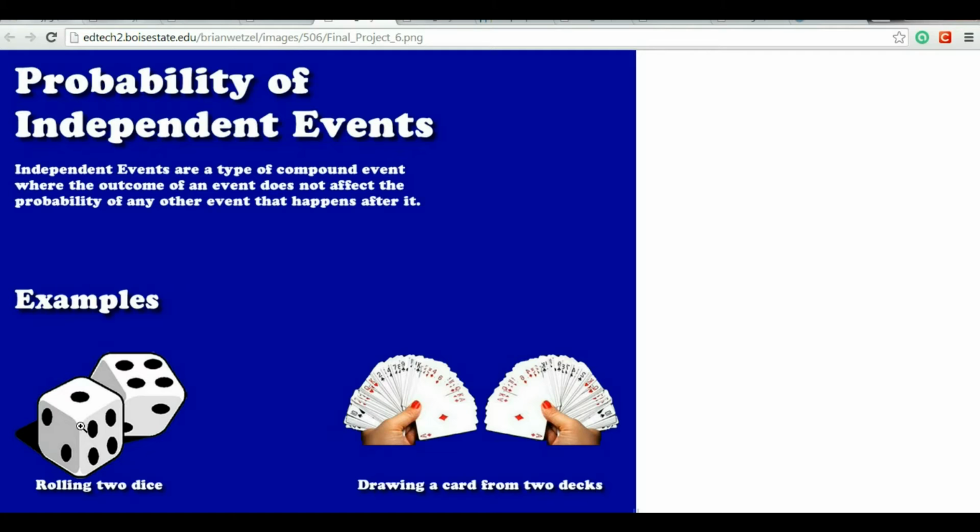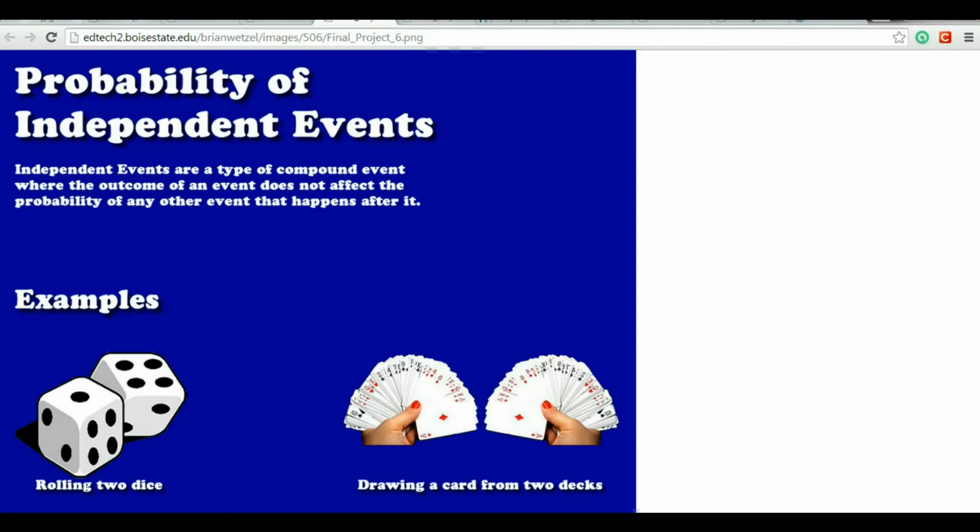So those events are called independent events. Okay, so when one thing does not affect the other, those are independent. I'm going to draw a card from 2 decks. So I'm going to draw a card from this deck. Now, does that affect the probability of me drawing an ace from a second deck? Well, no, it doesn't. What happens in this deck has no effect on what's going to happen in that deck. So those are called independent events.